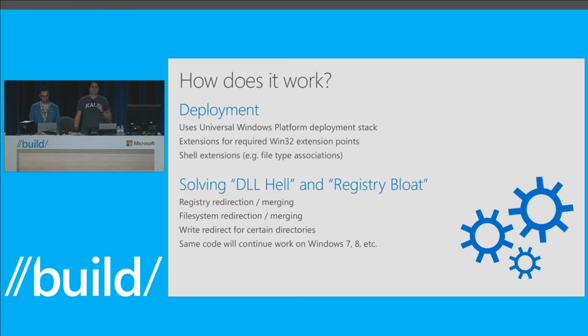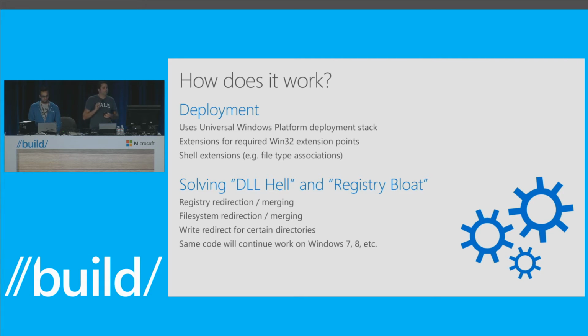And those extension points are basically the things that will activate your code and run it just like it would have been run if it was installed with MSI. And so the deployment stack basically takes the AppX, lays it out on disk just like your installer would have, and then goes through the registration process. And so at that point, we now have it registered on disk and ready to go.